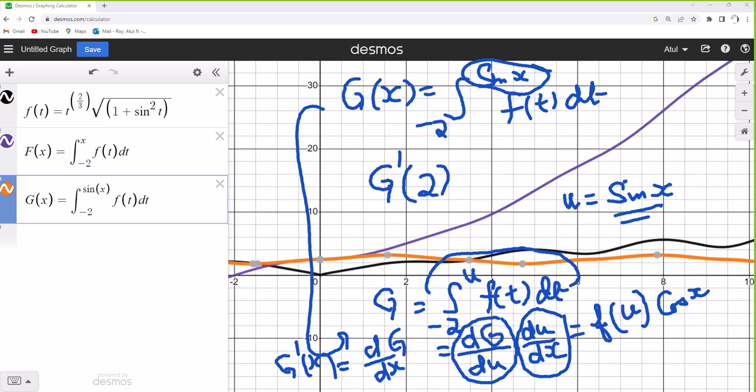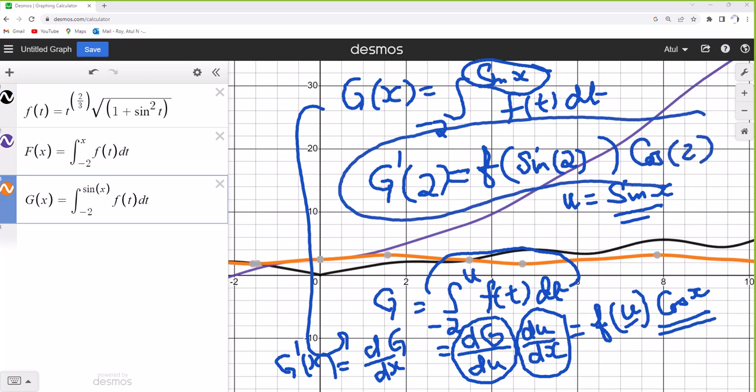So when we are writing g prime of 2, what we shall have is f of, you see, you have u, so who is u? Sine of x, but what we are doing is taking sine of 2 instead, and then we have cosine of x, which will be cosine of 2.